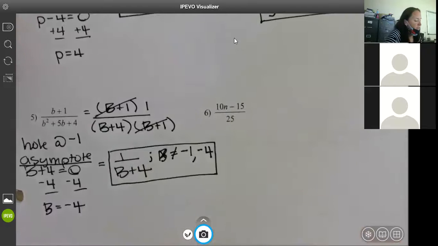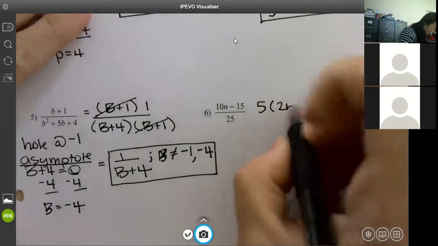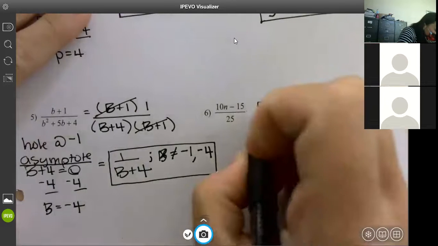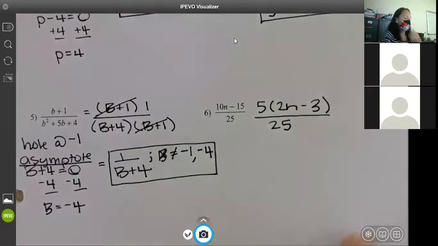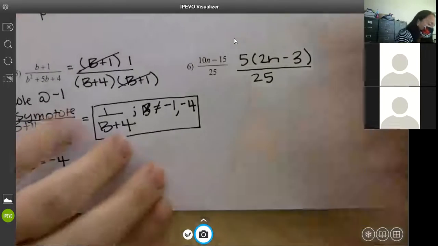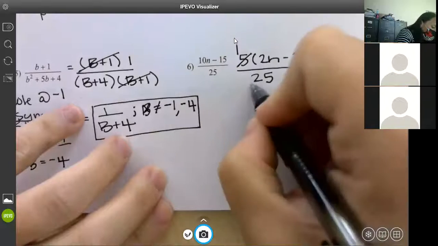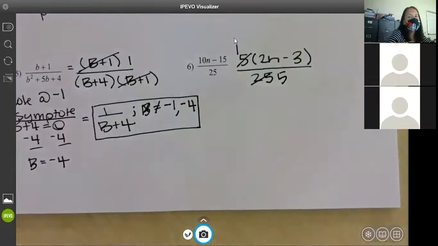On the top, number 6. Take out a 5. Leaves me with 2n minus 3. On the bottom, I just have 25. You can't factor it. What can I do to simplify this? 5 and 25. And again, I wrote the 1 up there just so you don't forget it. You don't really need it.